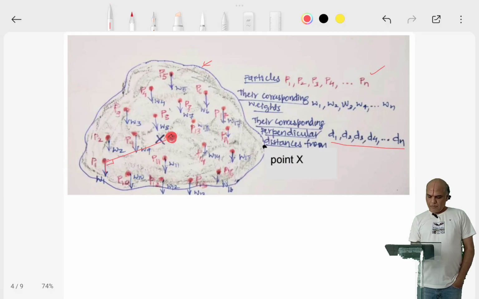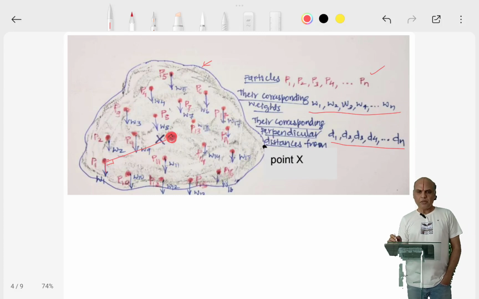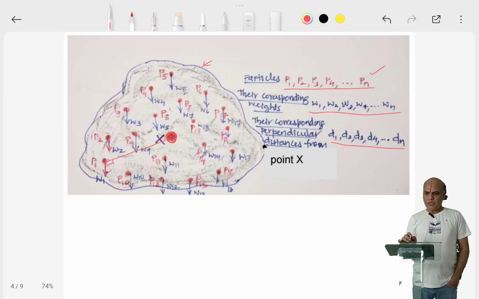For these particles, let W1, W2, W3, W4 be the corresponding weights of the particles. That is, the force with which particle 1 is pulled towards the earth, let it be W1. For particle 2, let the weight with which it is pulled towards the earth be W2. So finally, let P1, P2, P3, P4, so on Pn be the small individual particles comprising the body.